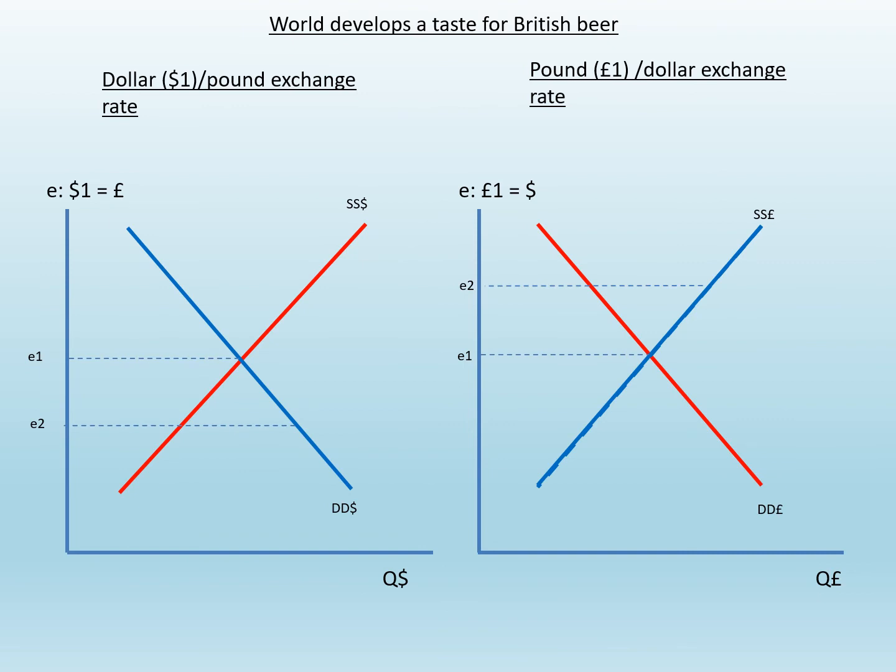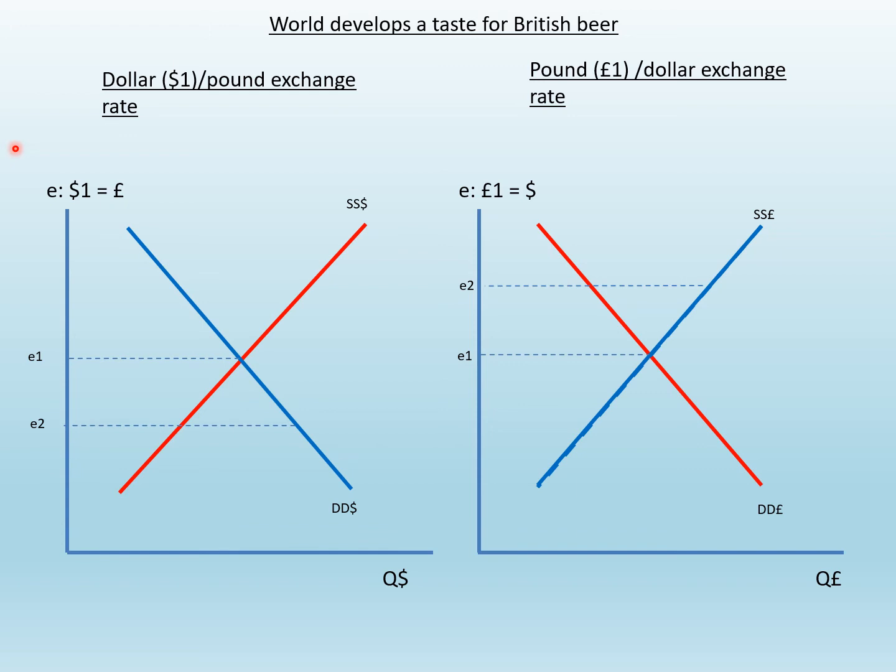So this is the first example we're going to run, which is the simplest of all the examples because there's only one change in one account. The world develops a taste for British beer. And you'll notice that what we're doing here, just so that you can see in this example both sides of the exchange rate movement, we're doing it as per the international convention. $1 is equal to a certain amount of pounds, and then £1 is equal to a certain amount of dollars.